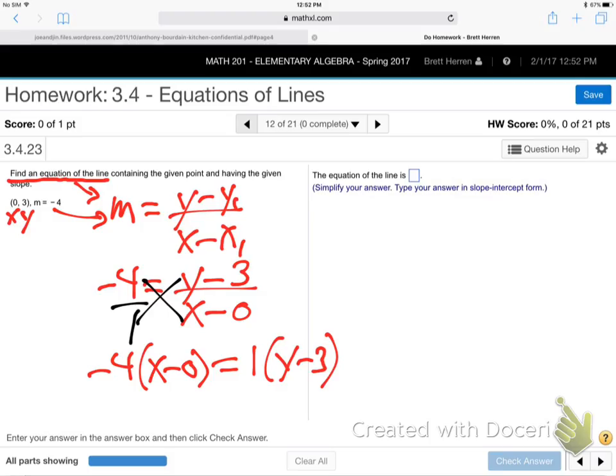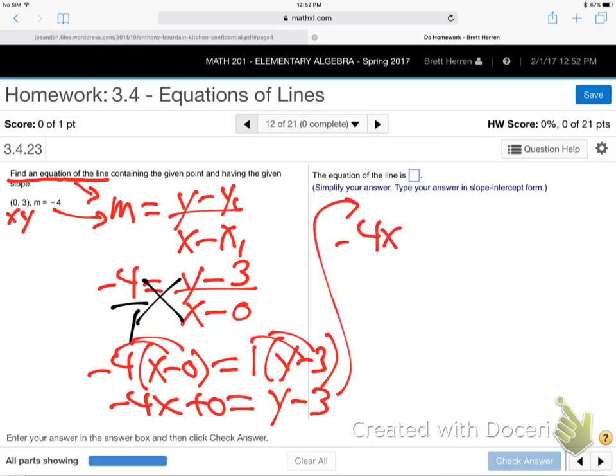We good to there? Diagonal, diagonal. And then distribute. Negative 4x plus 0. Y minus 3. Everybody good to there? Bring it up here. Negative 4x plus 0.